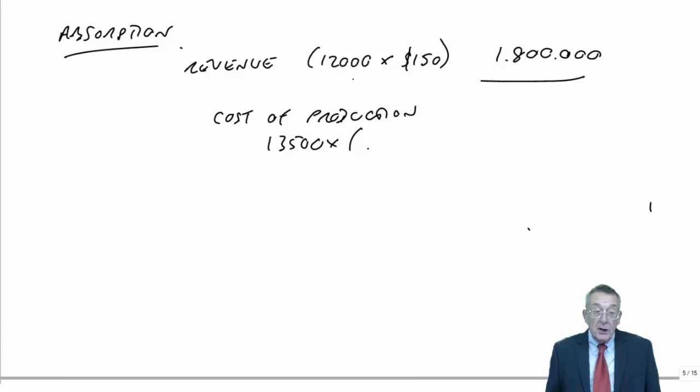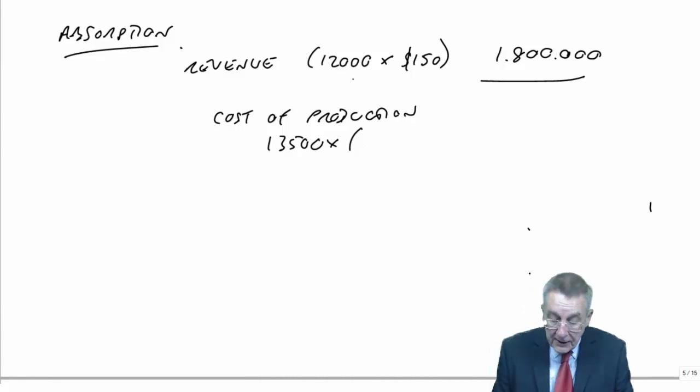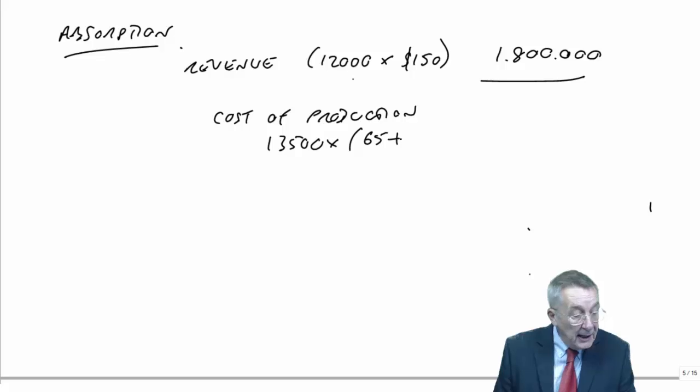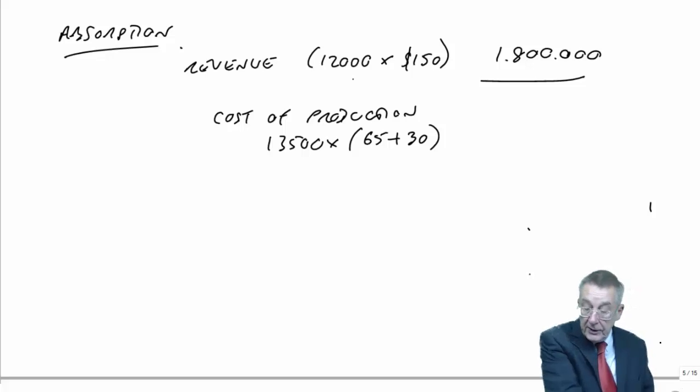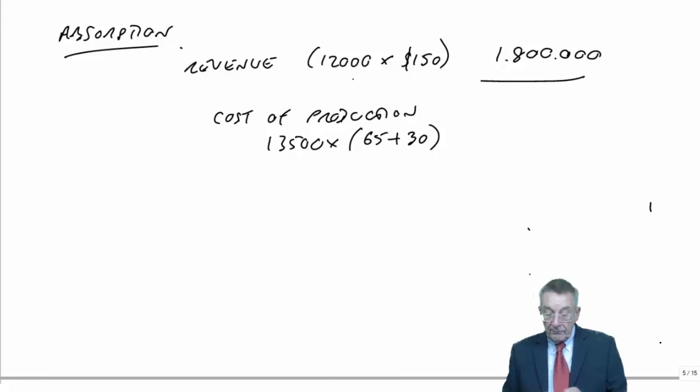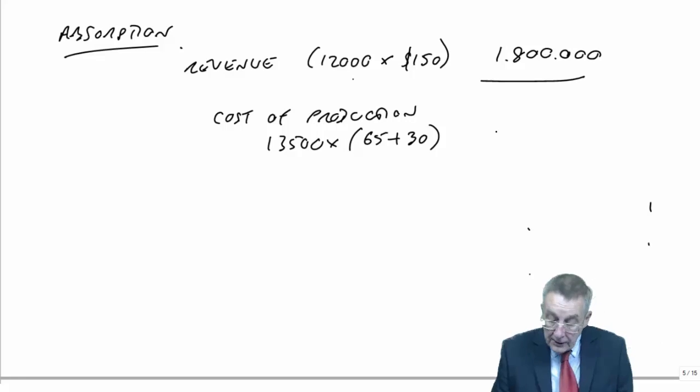Under absorption costing, the cost per unit is the variable 65 plus the fixed 30, so 95 a unit. So the cost of production will be 1,282,500.